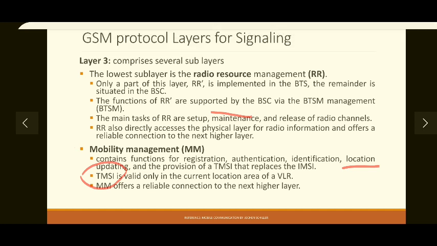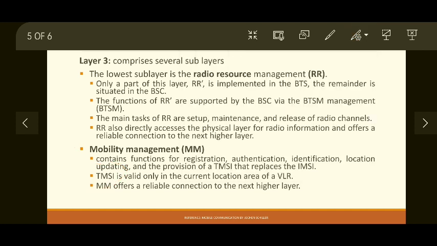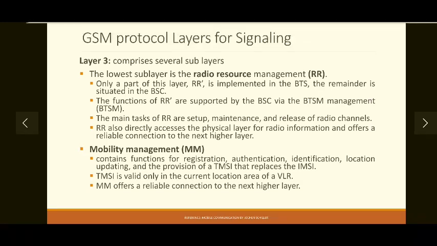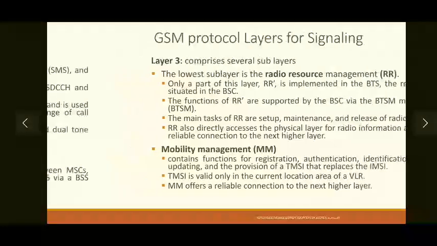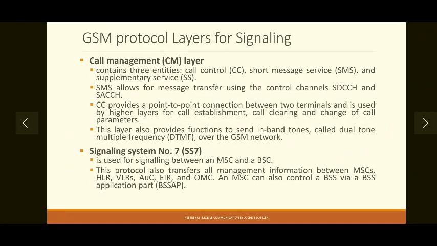Okay, so let's see the next layer, because RR and MM are now covered. Now the highest sublayer of the third layer is the call management layer. Okay, so what are the call management layer entities?